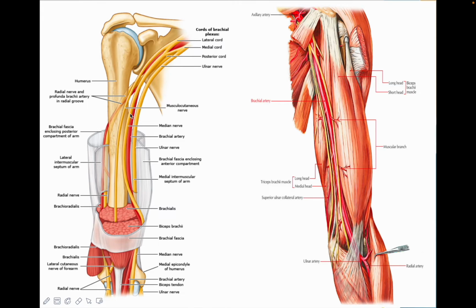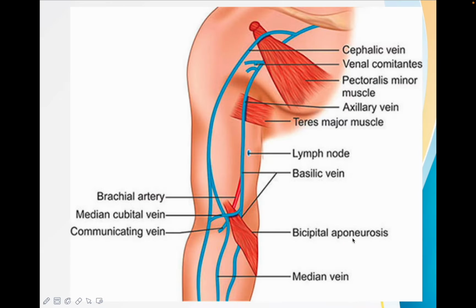It crosses the brachial artery, and in the elbow the brachial artery is covered by the bicipital aponeurosis, which is an extension of the tendon of the biceps muscle, and also by the median cubital vein. So these are the anterior relations: the median nerve in the middle of the arm, and the bicipital aponeurosis and median cubital vein in front of the elbow.